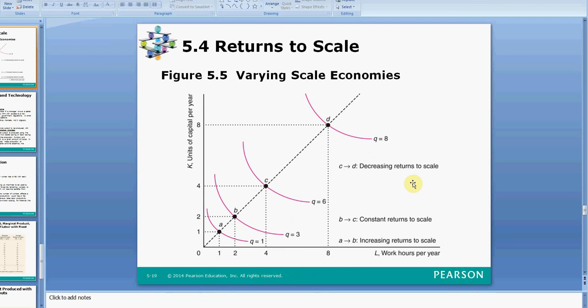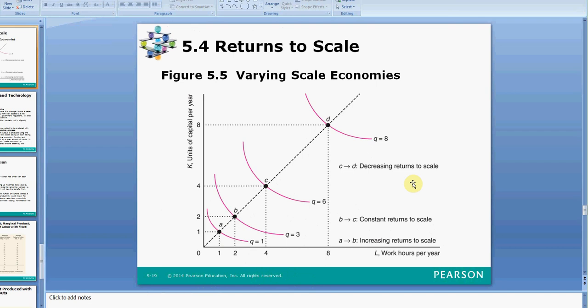Okay, some examples as to what might cause increasing returns to scale would be the following. Increasing returns to scale may come about from larger plants that are able to take advantage of specialized equipment that cannot fit into smaller sized plants. So as the firm gets bigger and bigger, there may be some gains here from robotics and other specialized equipment.